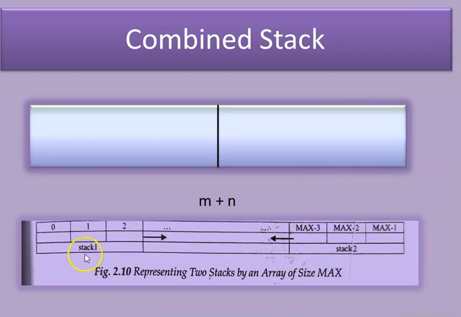But here for one stack the space is towards the right, and for the other the space is towards the left. So this right and left combination gives us a common spacious area in the stack. Only the difference is we are incrementing index when we are pushing in the first stack. We are decrementing index when we are pushing in the second stack.